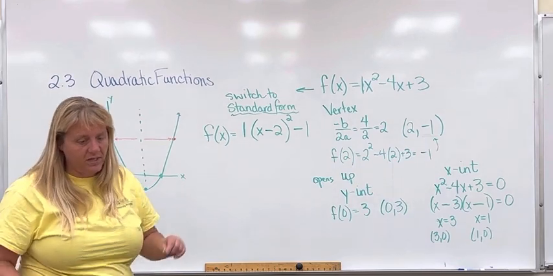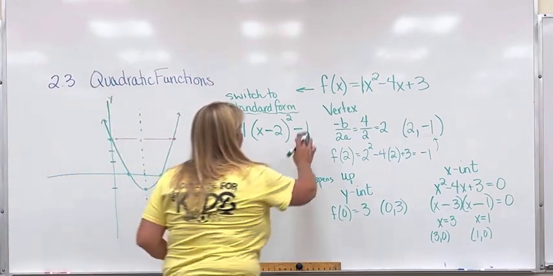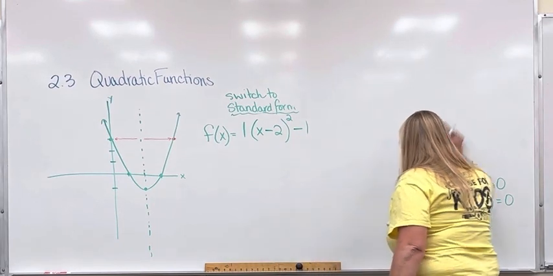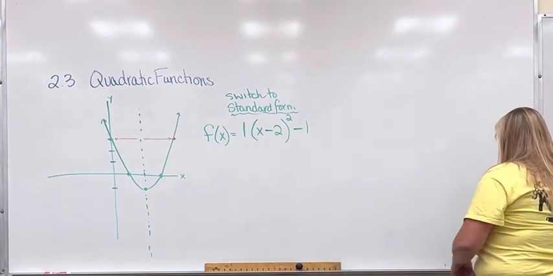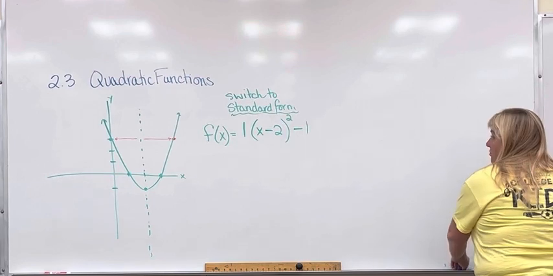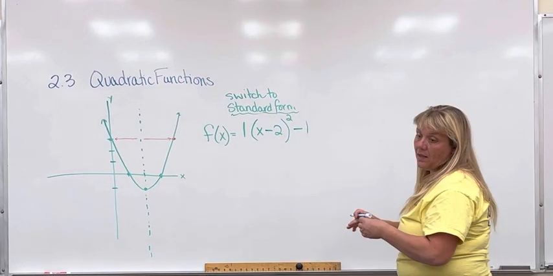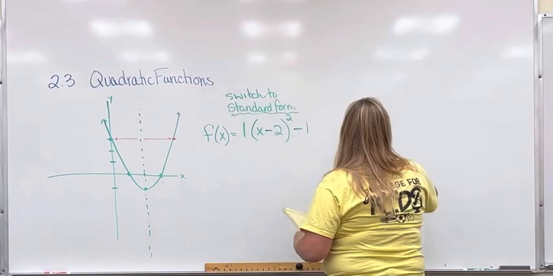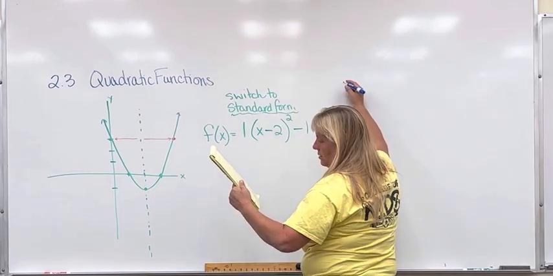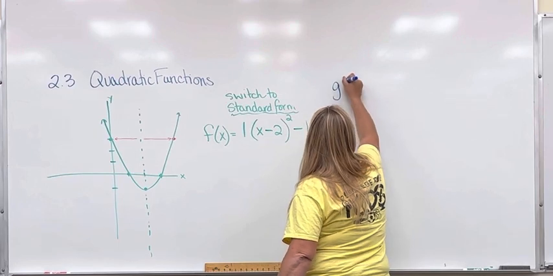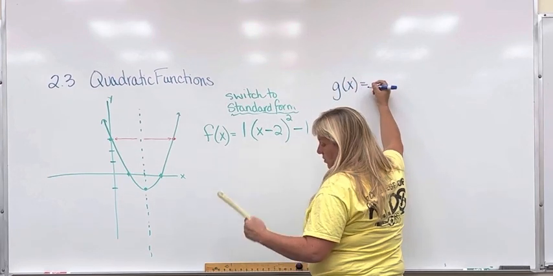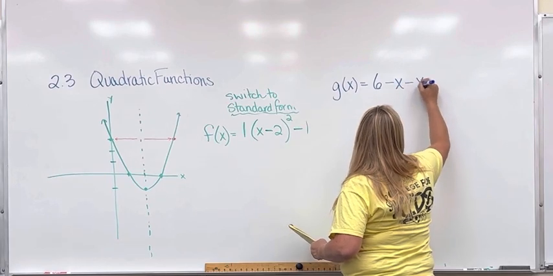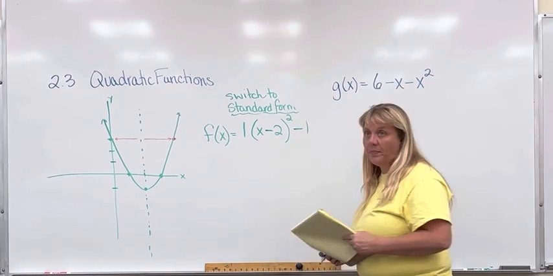Okay, so let's do another one of those. I've got one that's a little bit uglier looking here. Let's go back to blue. So this time I want you to draw the function g of x equals 6 minus x squared.